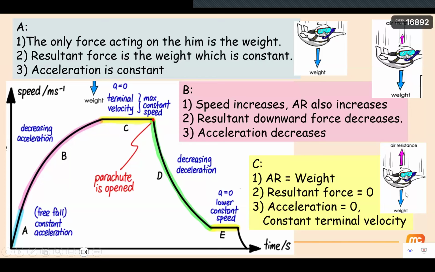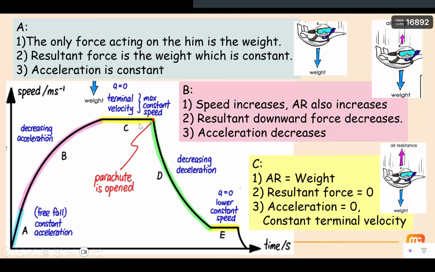And then the third point, I need to link to acceleration. With 0 resultant force, there will be 0 acceleration. We say that now the parachutist is moving with a constant speed. And this constant speed is the maximum constant speed that the parachutist can go. He cannot go even faster because the acceleration has stopped at this point.